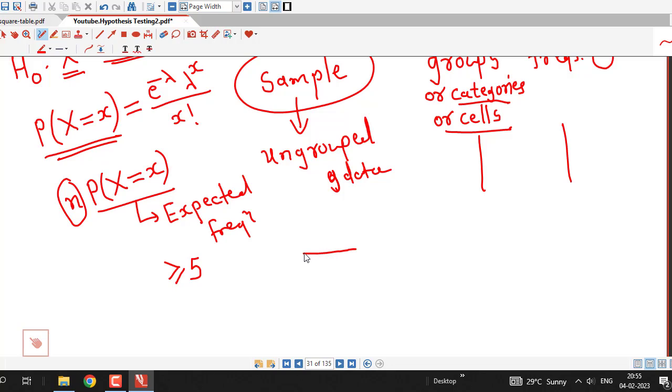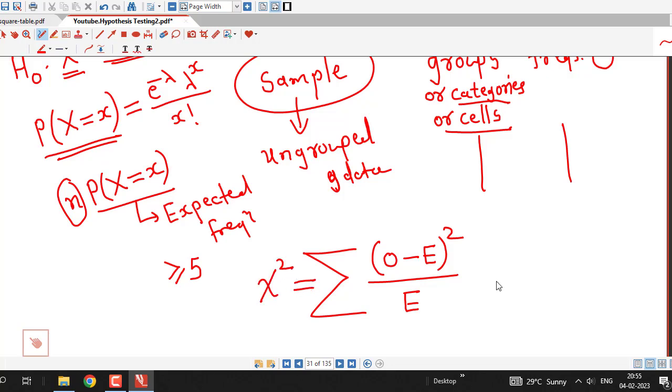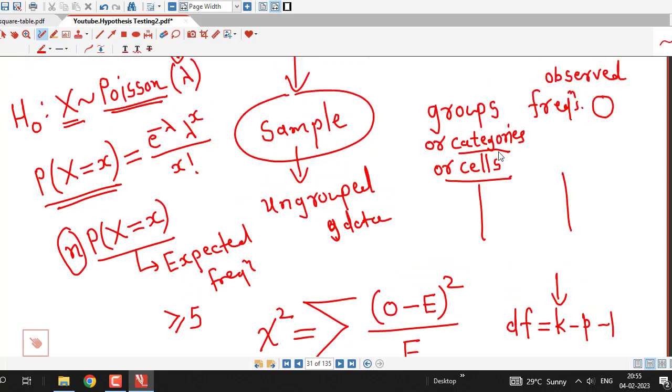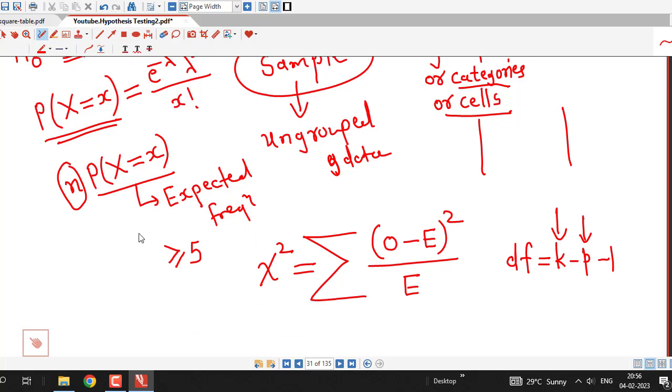After that, we find the value of the test statistic, which is the sum of observed minus expected squared divided by expected frequencies, and this test statistic approximately follows a chi-square distribution with degrees of freedom equal to k minus p minus 1, where k is the number of categories or groups or cells, and small p is the number of parameters of the hypothesized population which are estimated using sample data.